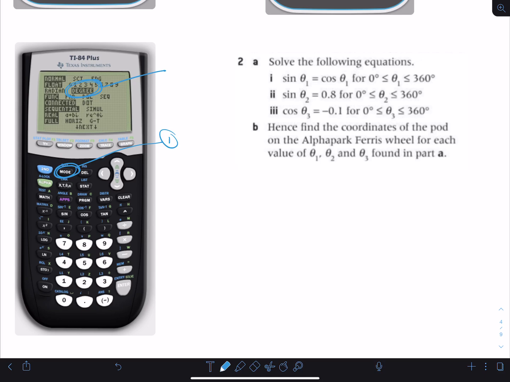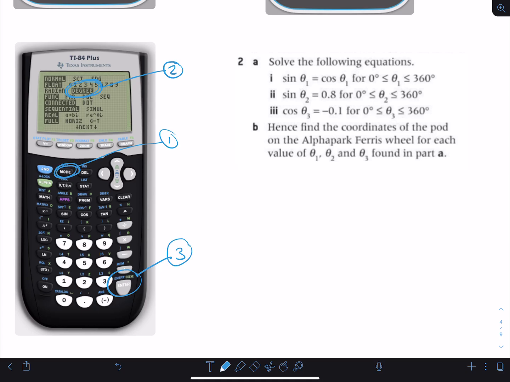You move your cursor over with the arrows and you press enter. Okay, if you do that, you're in degrees. If you pick up a calculator and you haven't used it for a while, good thing to check, especially before a test.